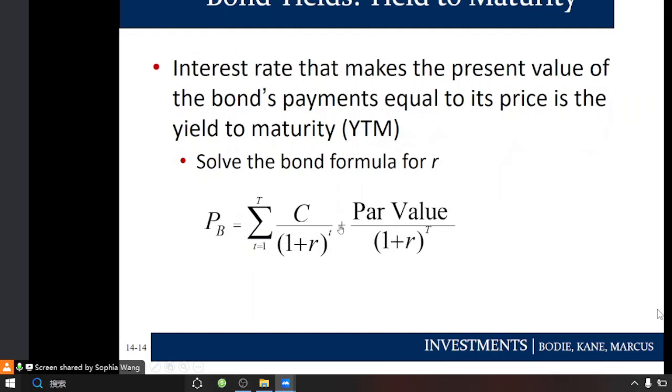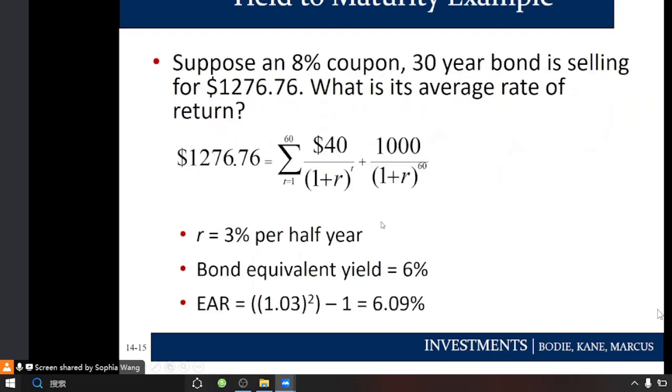See the face value. And this is another exercise: how to calculate YTM? YTM means the average yield during the holding period.